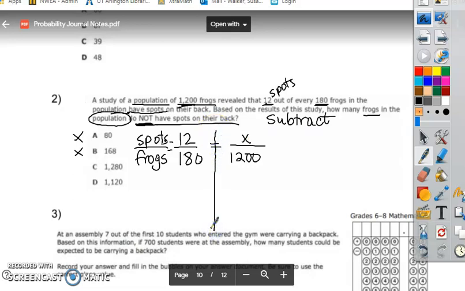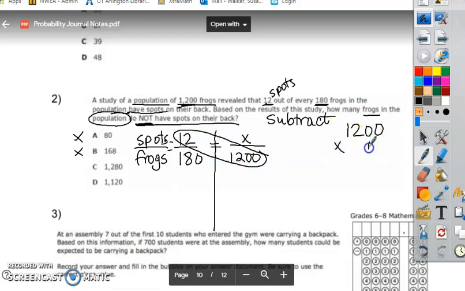Now, just like I told you before, if you want to, you can simplify this. I know for sure both of these divide by 6, okay? If you don't want to do that, that's fine. But I can simplify this fraction before I try to cross multiply, okay? This one right here. But let's say you don't see that.